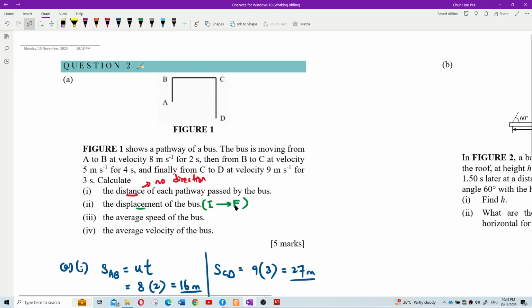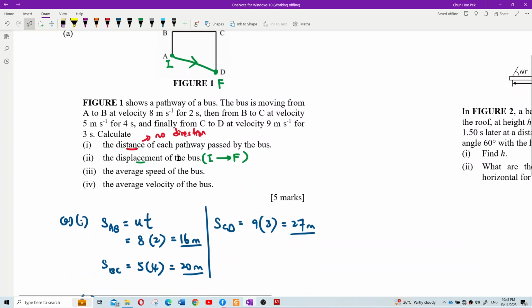So what is the initial point? A. What is the final point? D. So this is our initial, this is our final. Go direct in a straight line, shortcut. This is the displacement.